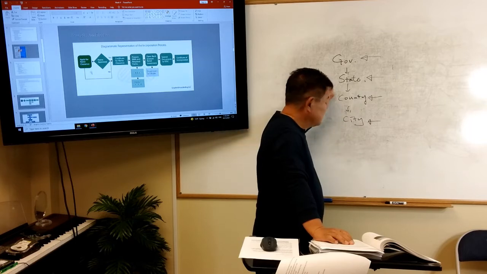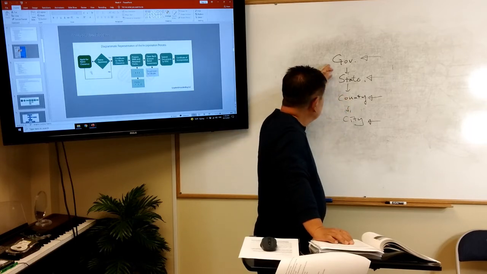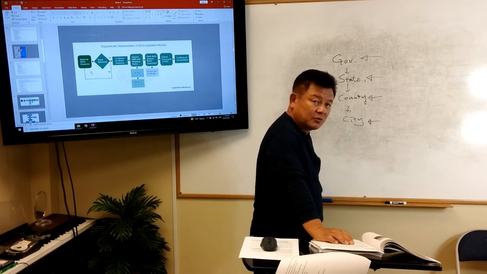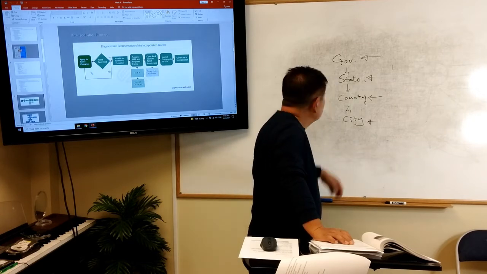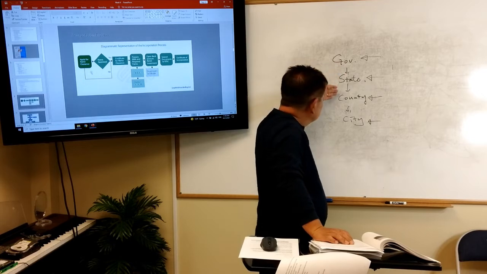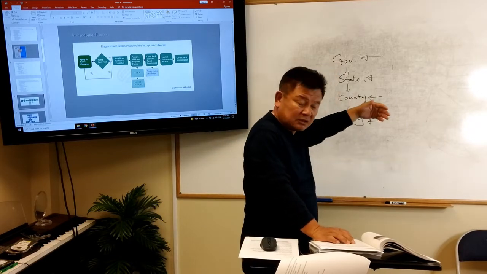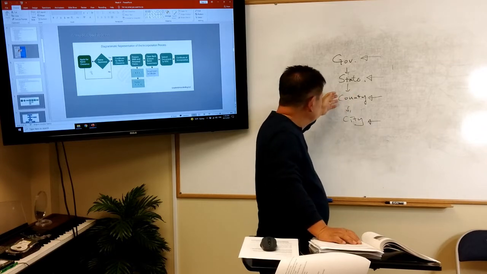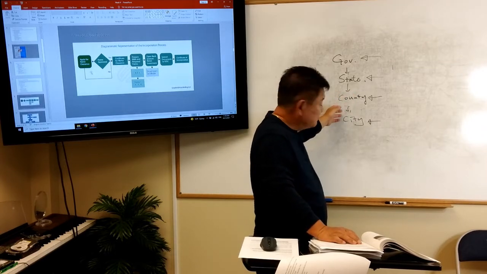So it's very difficult. Anyway, each level has a different minimum wage regulation. Government $8, state $12 per hour, but LA County is $15. And San Francisco County is $18 something like that.